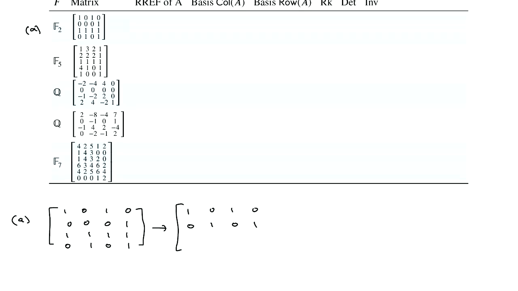Maybe I shouldn't have done that yet. Well, yeah, I think I should. Well, let's do one thing at a time. So subtracting off or adding the first row to the second row, as you like. And now I'd better swap the second and third rows.